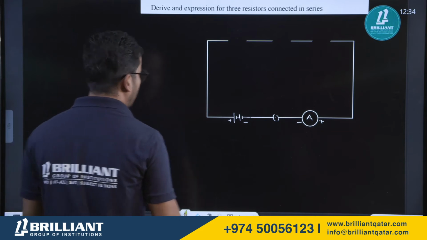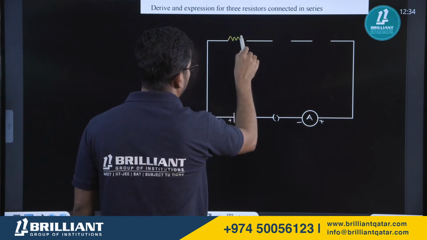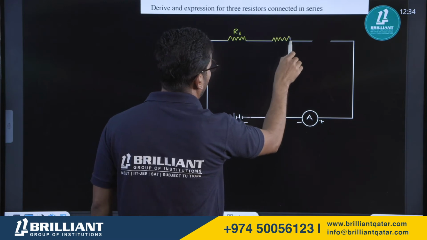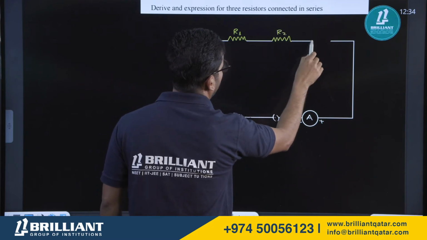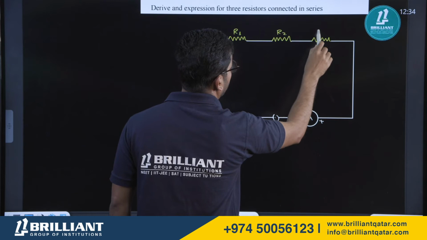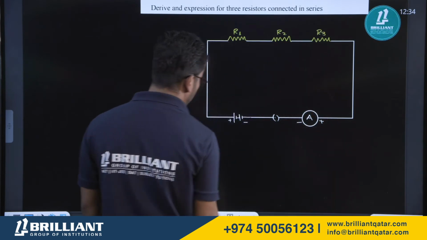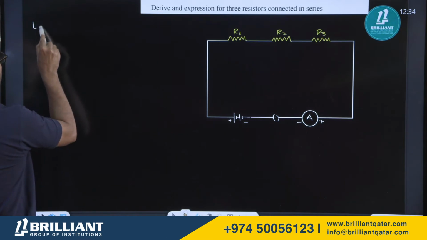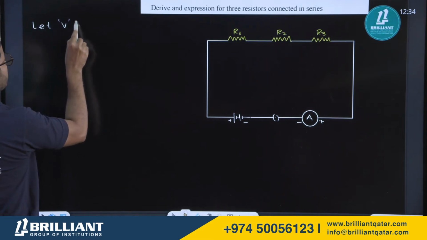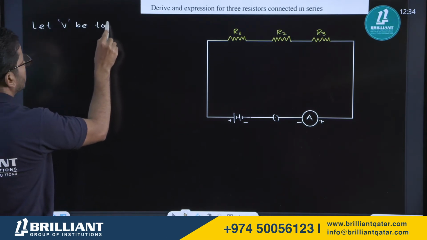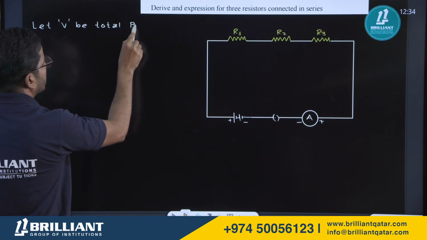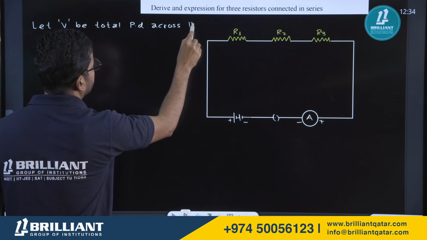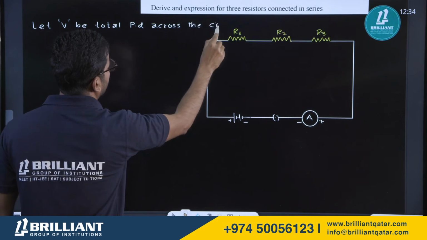All right, so let me join the 3 resistors like that once again. Let it be R1, let it be R2, and let it be R3. Okay, so let V be the total PD across the circuit.